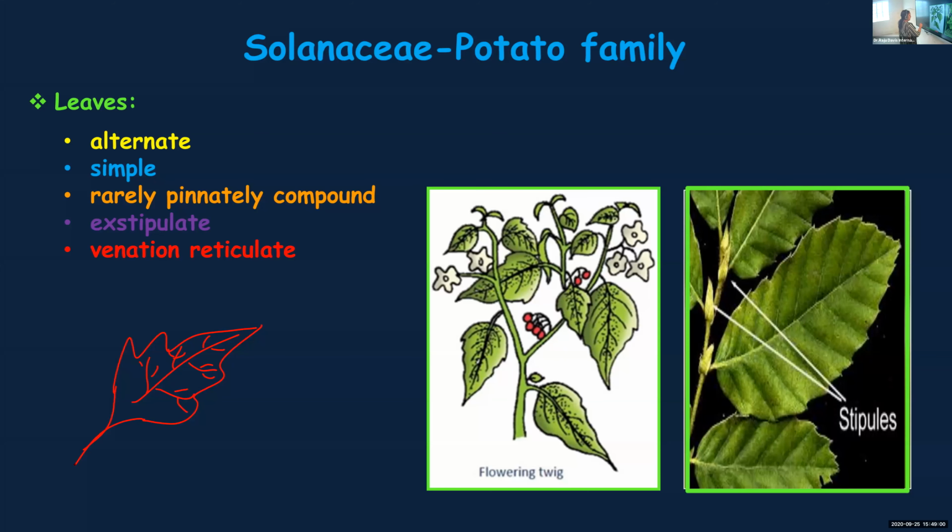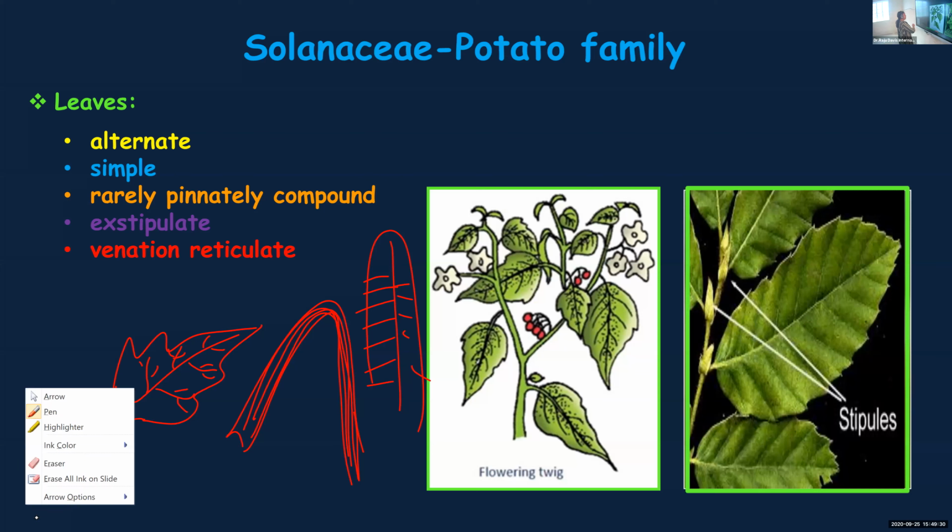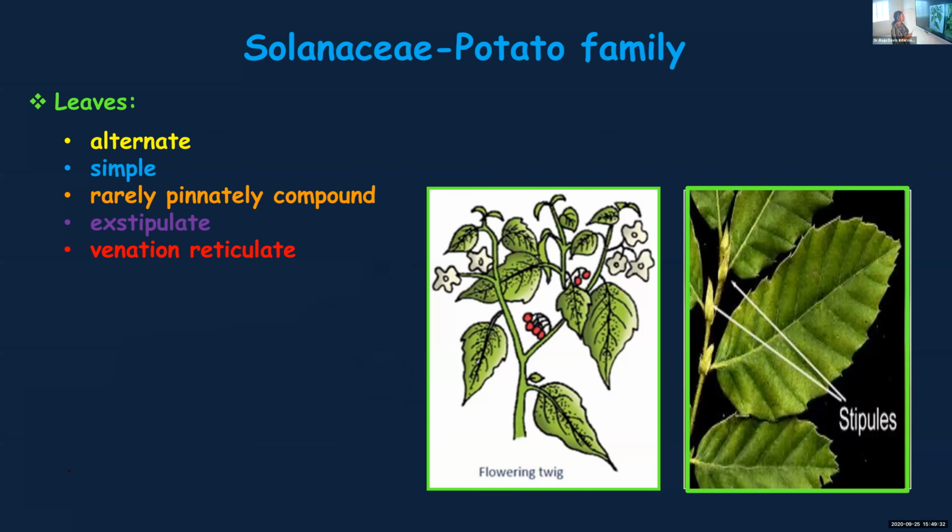On the other hand, when the veins are arranged parallel to each other, you call it parallel venation. In cereals, grass, banana, and plantain, you can see parallel venation. So reticulate means the veins form a network, and parallel venation means the veins are arranged parallel to one another.